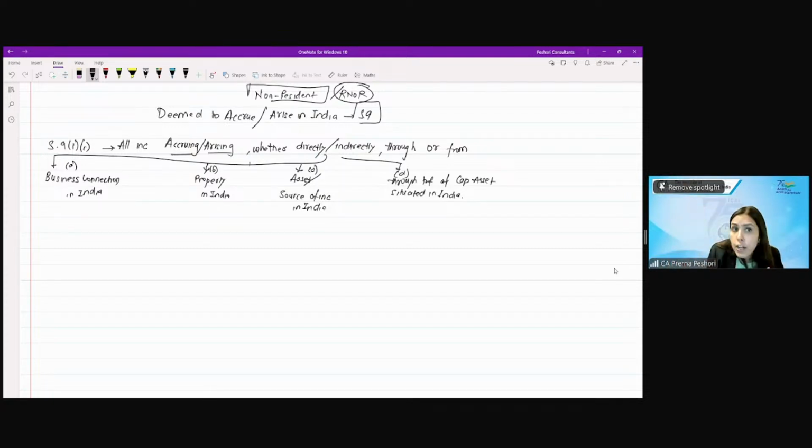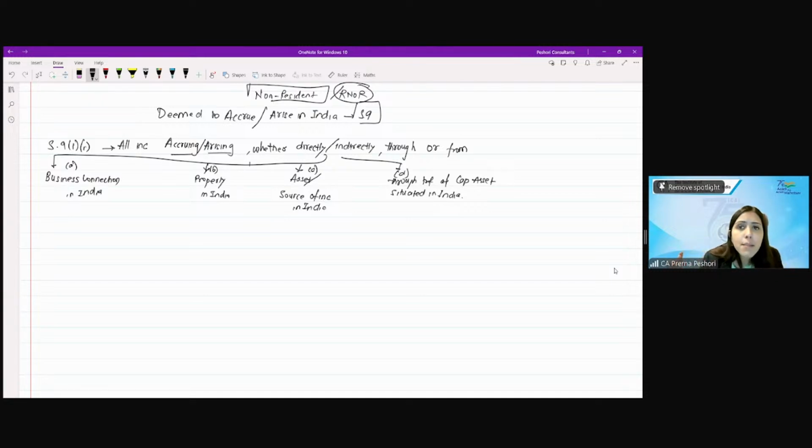Now, one could argue that the income does not accrue or arise in India because the contracts are executed outside India. The payer who is making the payment is outside. However, Section 9(1)(i) says that any income which is accruing or arising through or from the property in India. Now, this rental income is arising from the property in India. So, therefore, this income shall be deemed to accrue or arise in India.